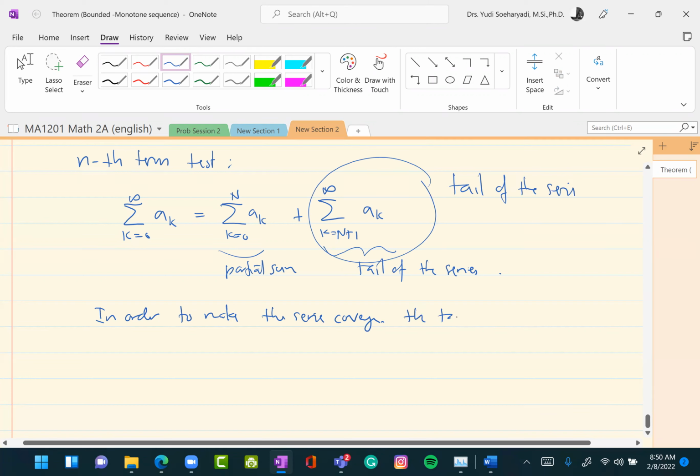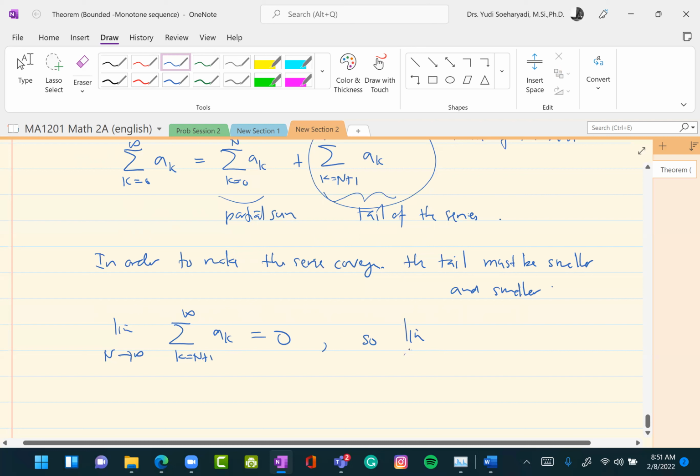Okay? That means this limit, if n goes to infinity, must be smaller. Okay, that means ak must be, let's say this one.